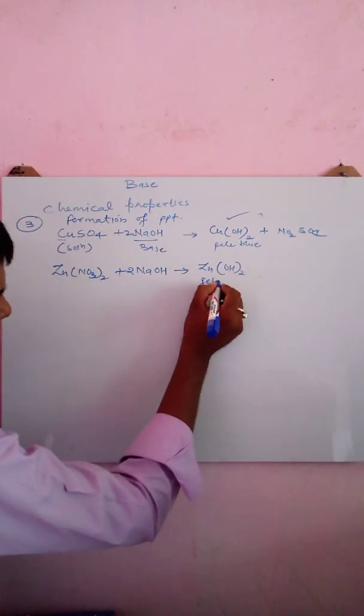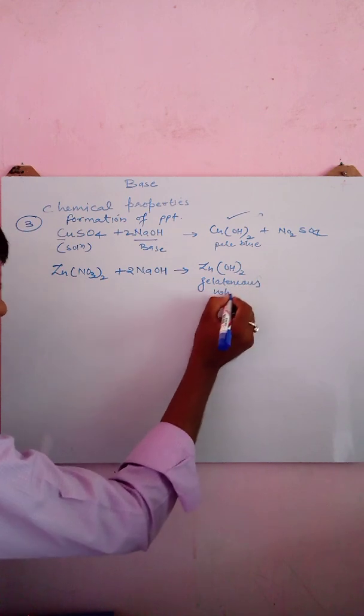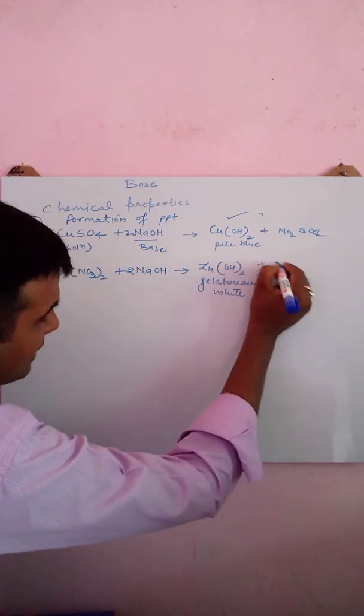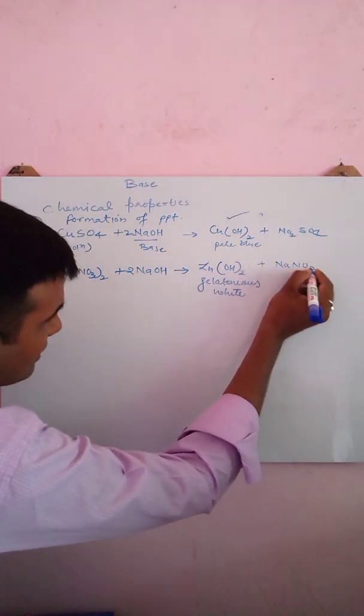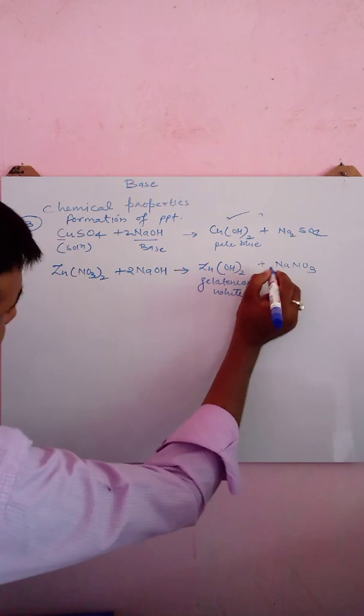The color of this substance is gelatinous white. Along with the formation of sodium nitrate, NaNO3. Two molecules of NaNO3 will form.